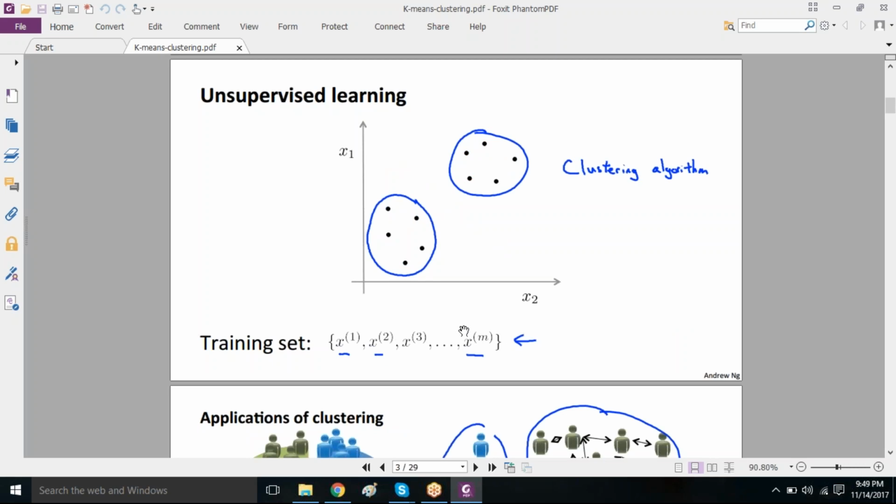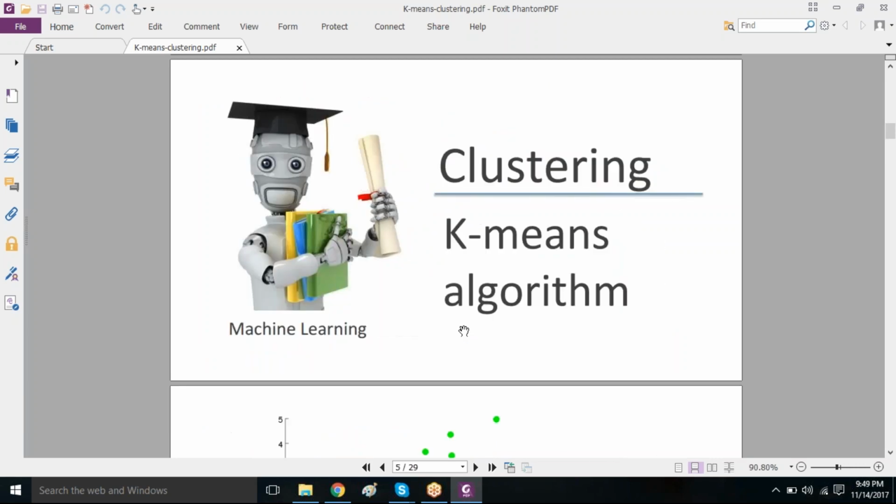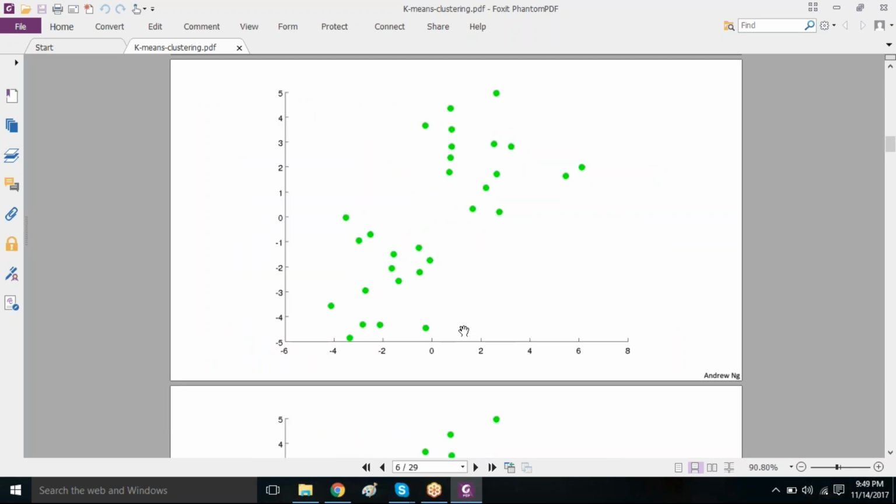Now we will see how this k-means clustering algorithm works. Let us start from this place. Can you see the green circles here? Small green circles. As of now, can you identify just by seeing the dots which ones are similar?